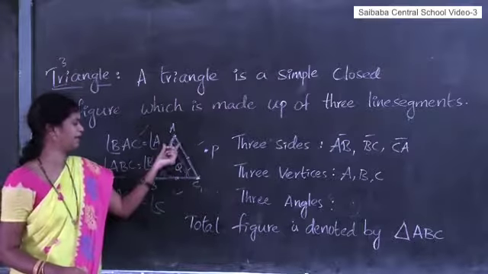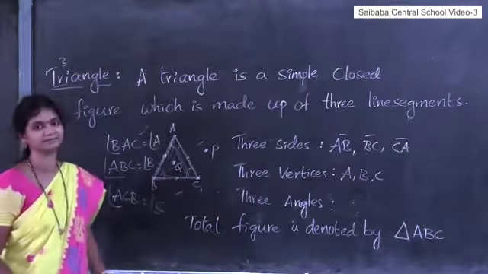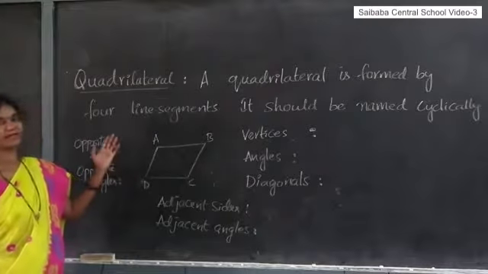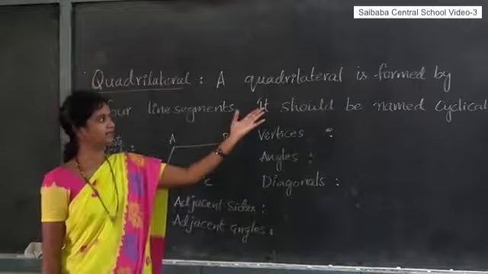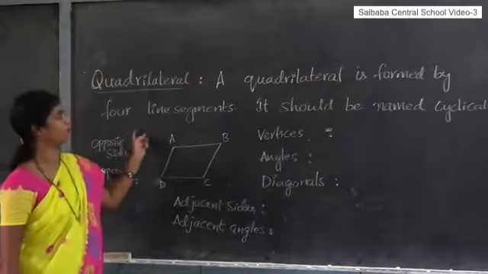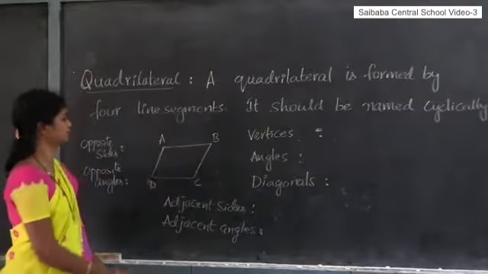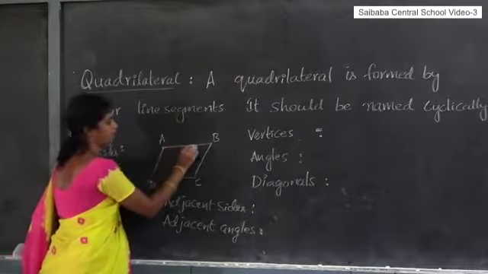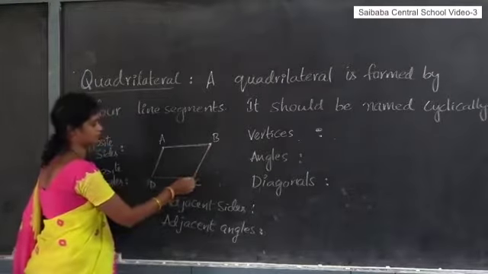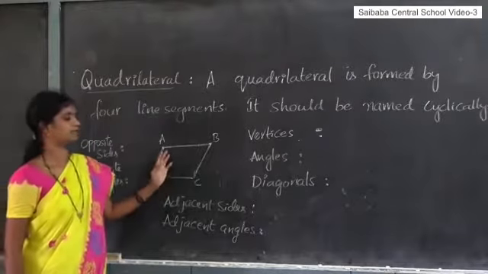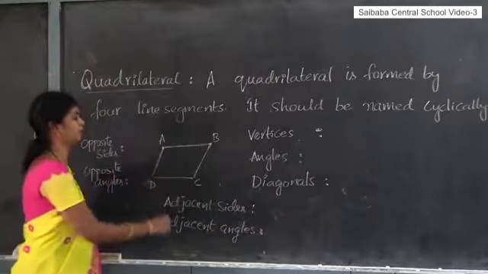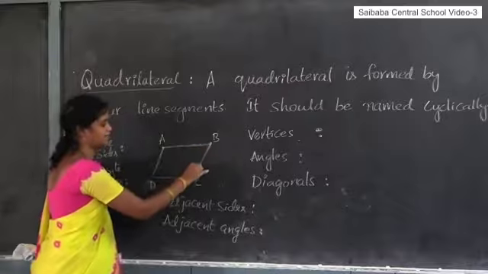Next topic is quadrilateral. A quadrilateral is formed by four line segments. So here 1, 2, 3, 4. So this is the closed polygon formed with four line segments.